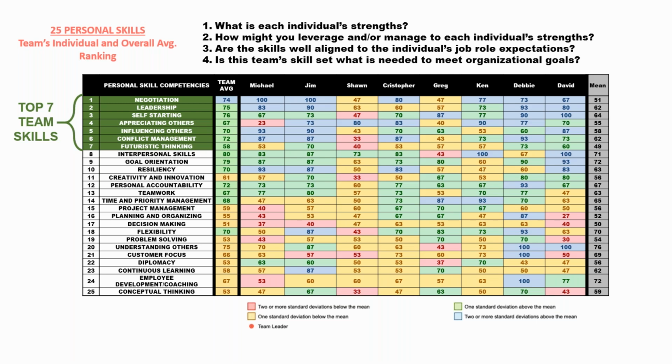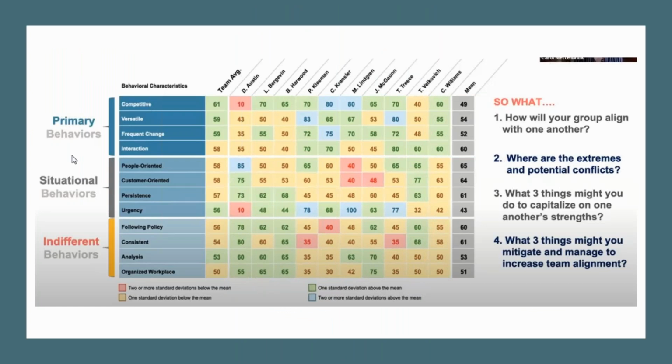So to me, this would be pretty important in helping identify what our organization's strengths and limitations are. So let's look at another slide. This is actually what's in the team report. It's a little fuzzy. I apologize for that.